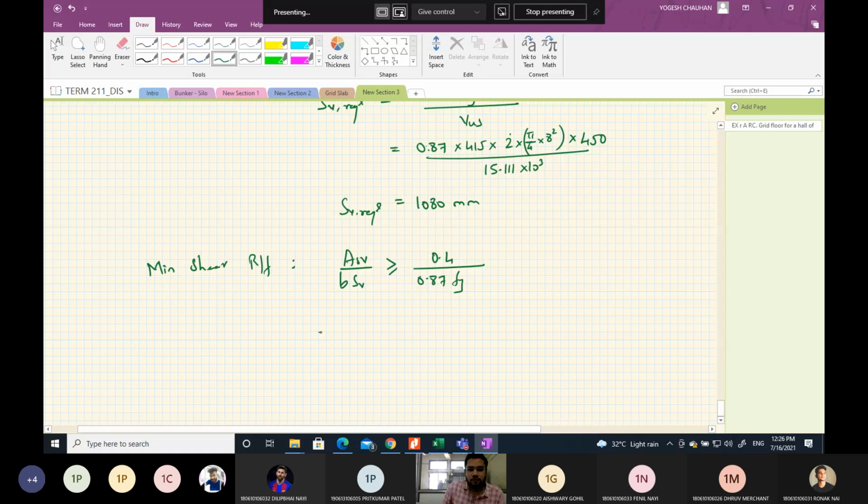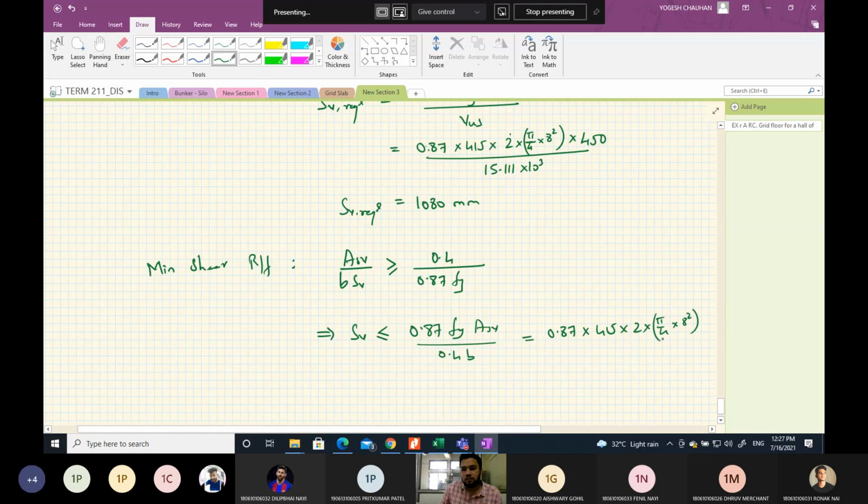So this implies Sv should be less than or equal to 0.87 Fy Asv divided by 0.4b. So this value is 0.87 into 415 into Asv is 2 into pi by 4 into 8 square divided by 0.4 into 100.